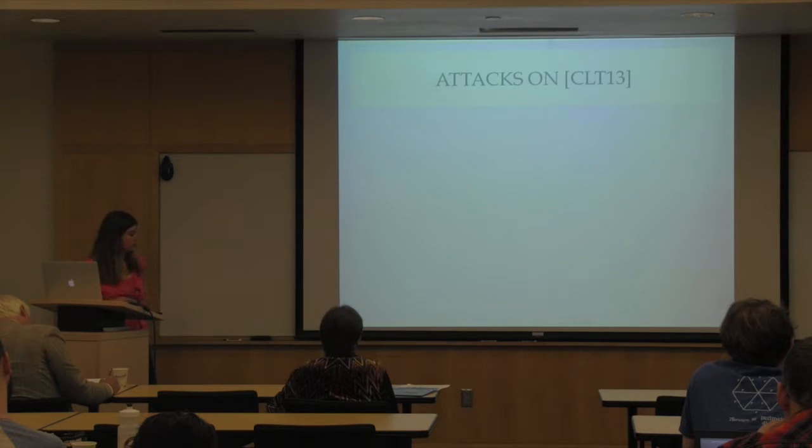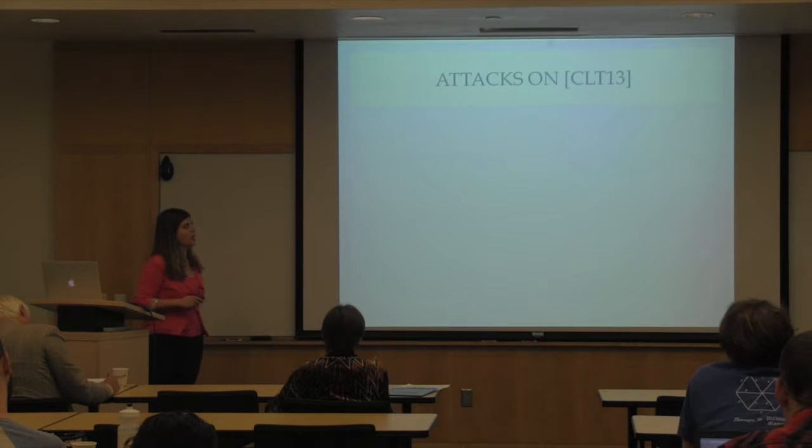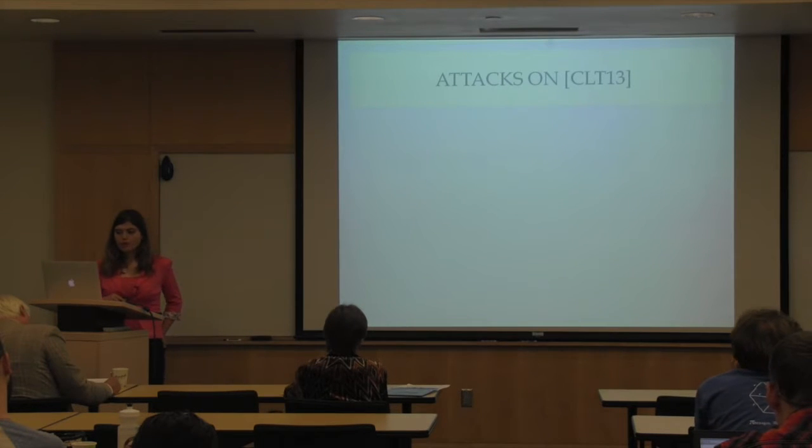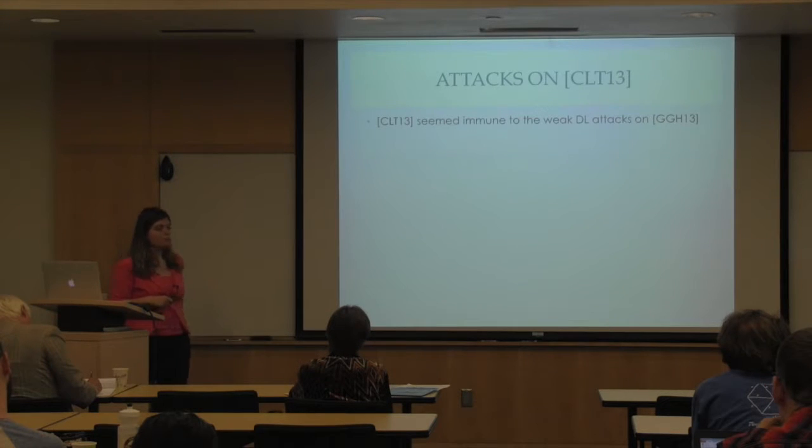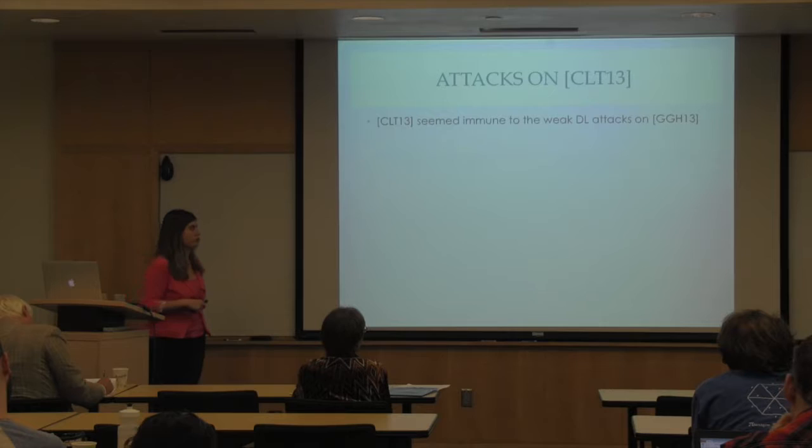Now let's see how we attack this CLT13. Well, let me give you a little bit of the chronology of the events that happened. So when CLT13 was published, it seemed to be even immune to the weak discrete log attacks that were a concern for the GGH13 scheme.